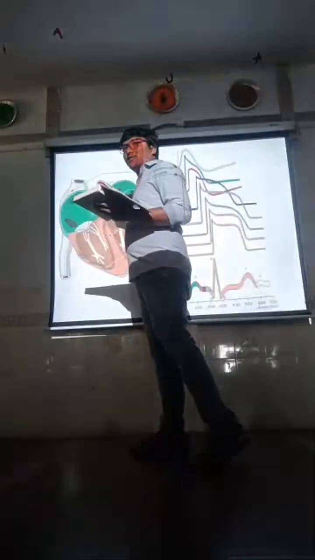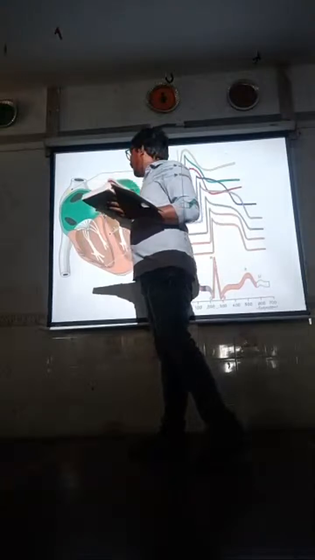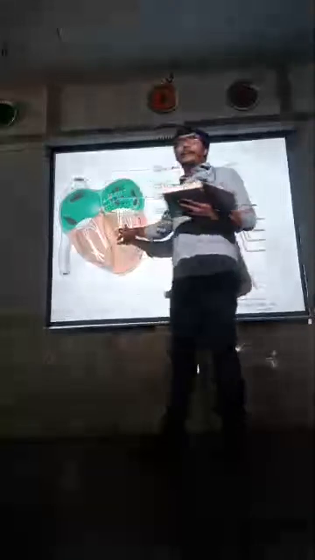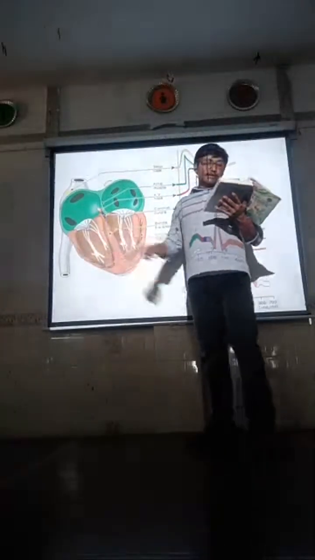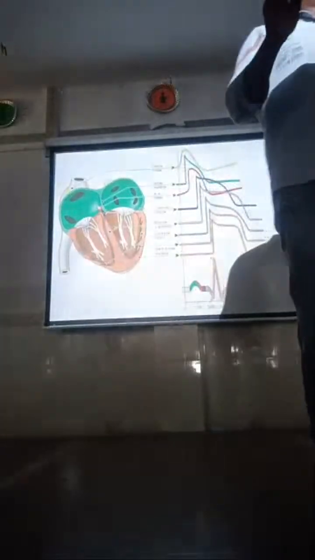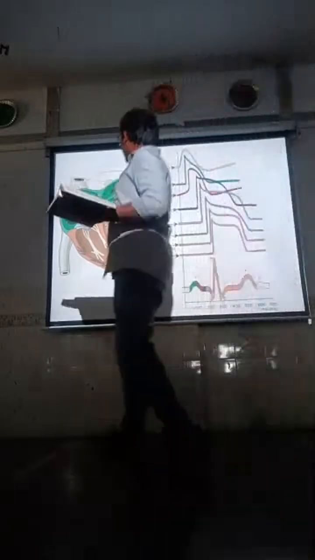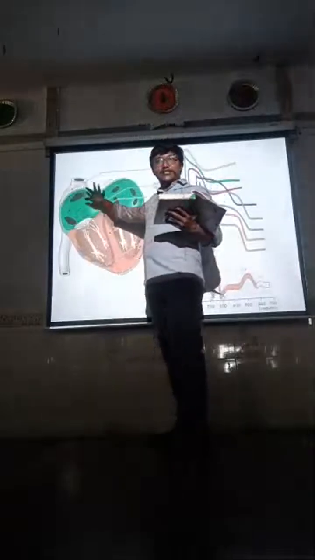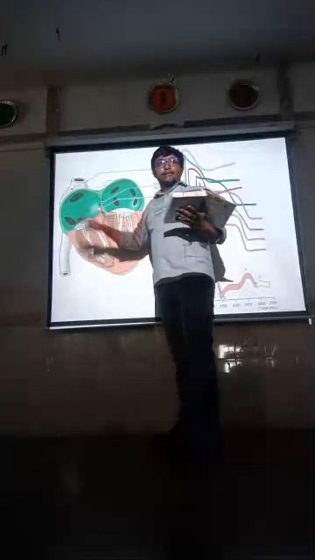Atrial systole is finished, so what will begin? Atrial diastole. And when atrial diastole begins, what will start? Ventricular systole. Yes or no? Immediately after the atrial systole, the atrioventricular valves are closed, because the systolic phase has completed and the diastolic phase has begun.